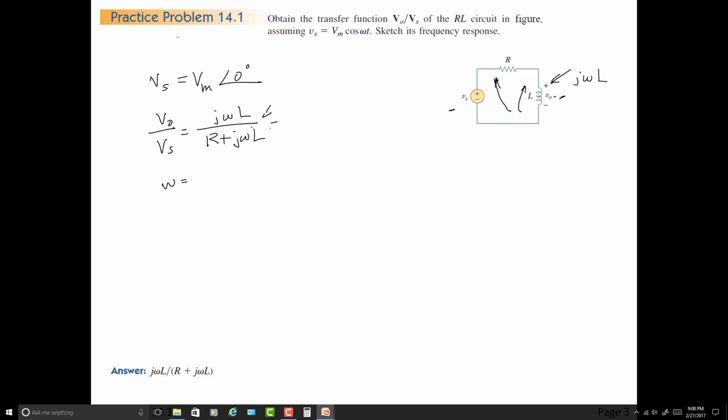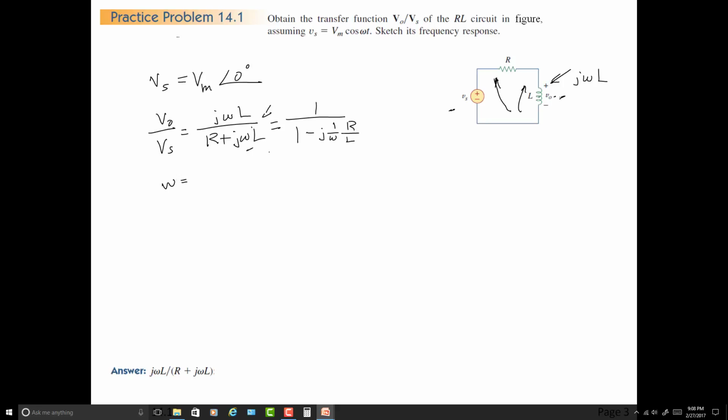Let's divide the top and bottom by j omega L. So this will give us 1 over 1 minus j times 1 over omega R over L, right? I just put the minus sign j to move it up into the numerator of that bottom.